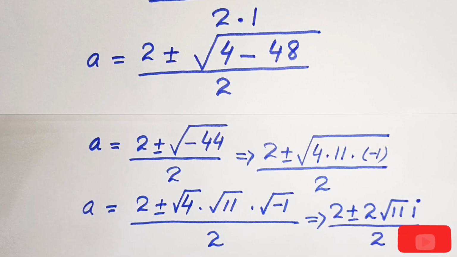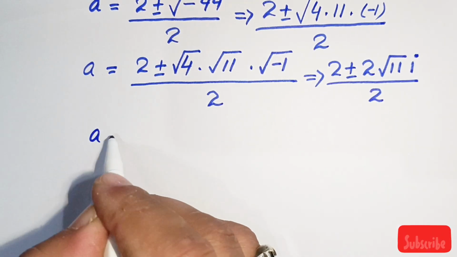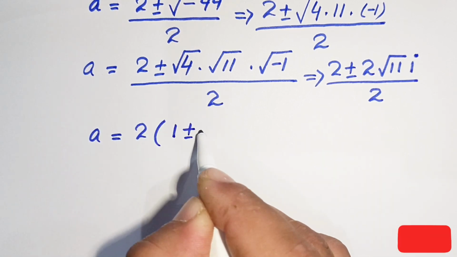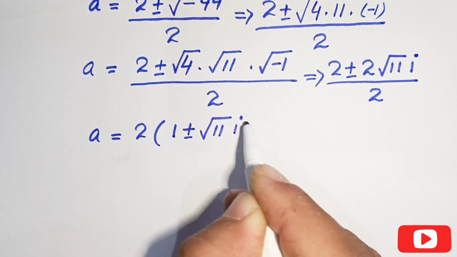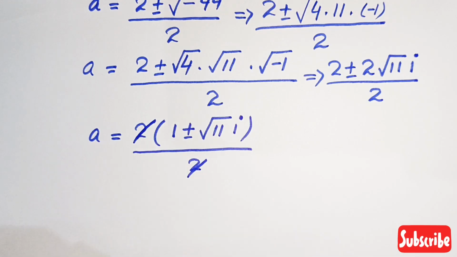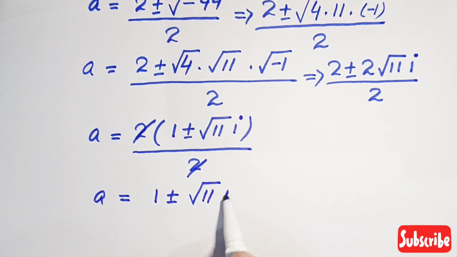Here i is iota. If we take 2 common, we have 1 plus minus square root of 11 i, all over 2. Cancelling this 2 with 2, we have a is equal to 1 plus minus square root of 11 i.